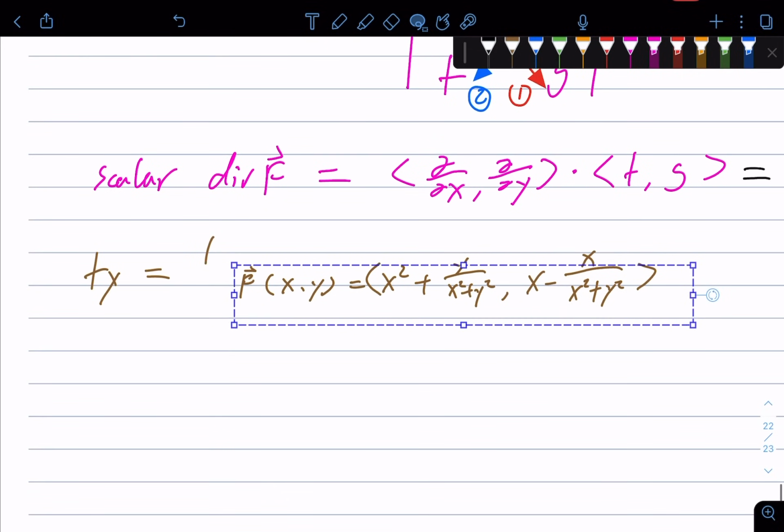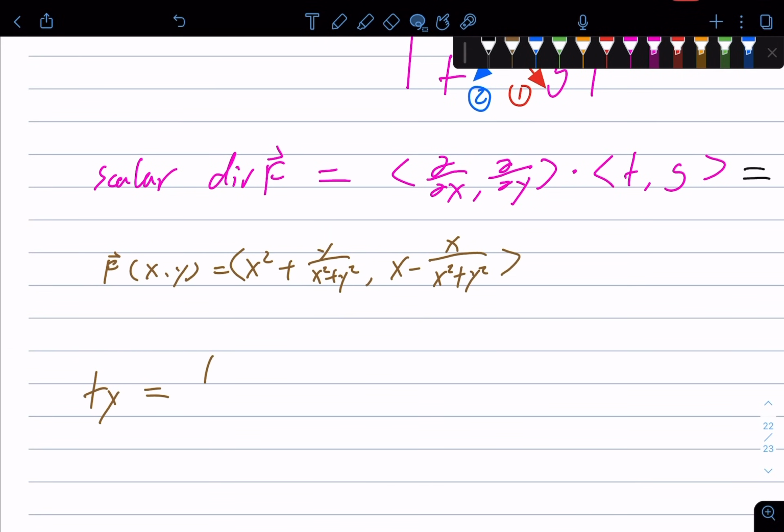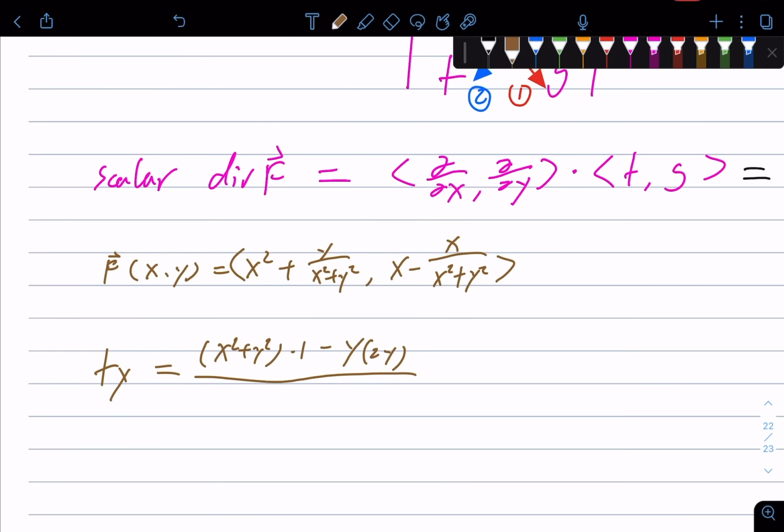So Fy is just going to equal, I'm going to compute these partial derivatives really quickly: x squared plus y squared times 1 minus y times 2y, over x squared plus y squared squared.